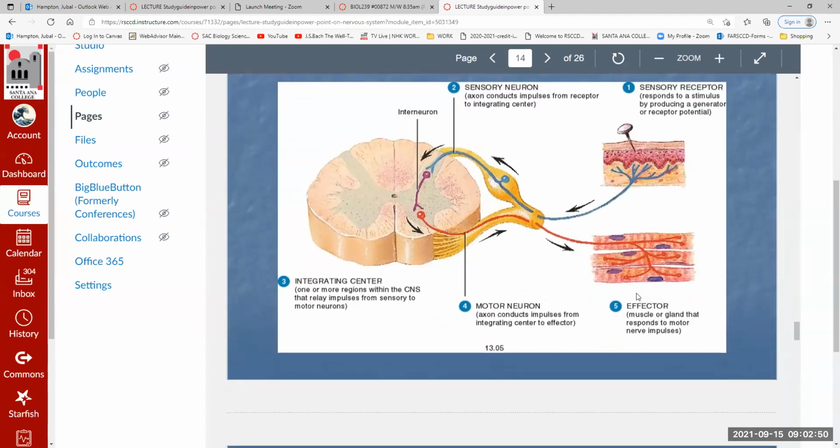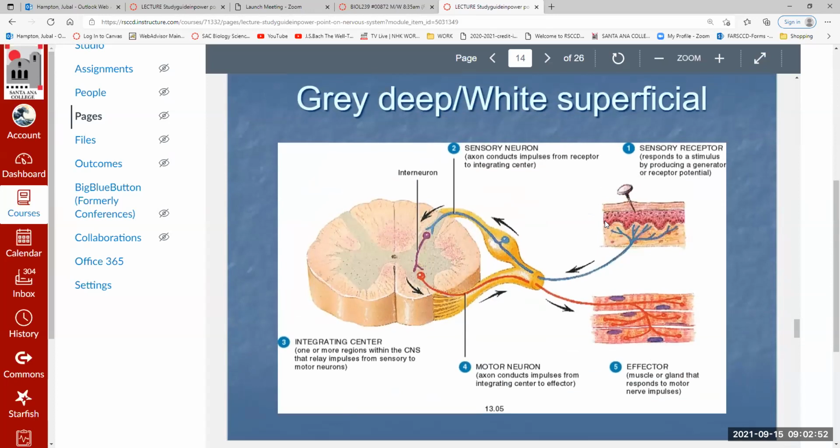Now, here on the screen, we have a section of the spinal cord. Again, we see the gray matter and then the white matter. Here we have that dorsal root ganglion. Here we have our ventral root. Okay, so how does it kind of all work? All right, you get a sensory receptor picking up a sensation.